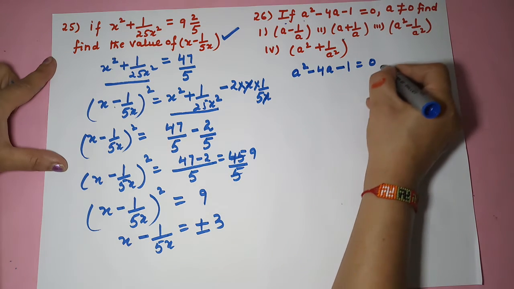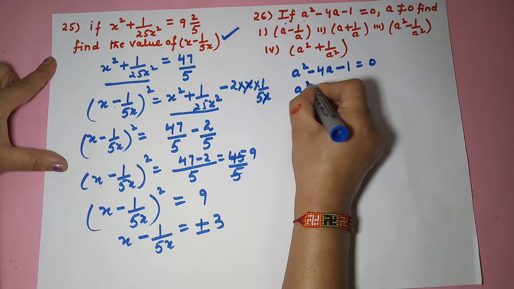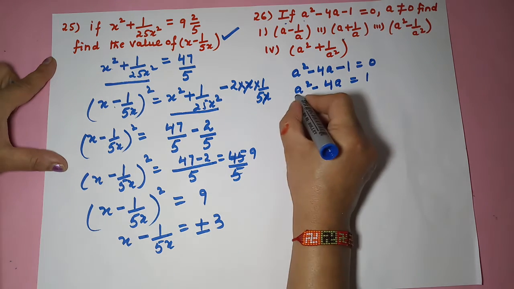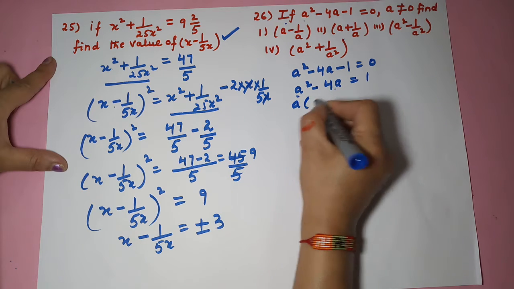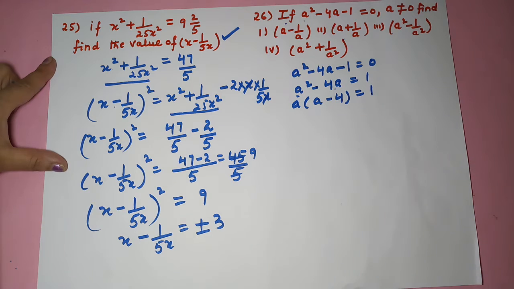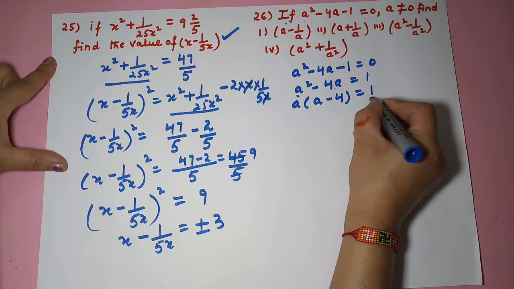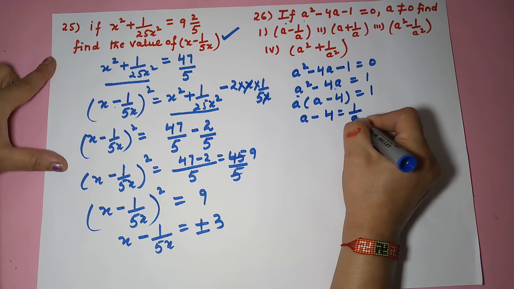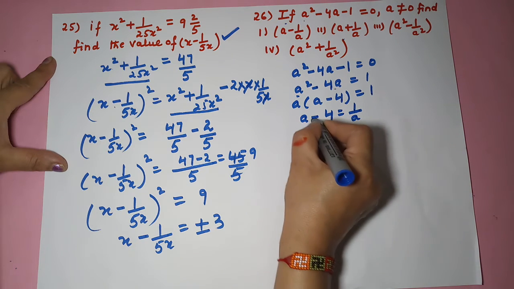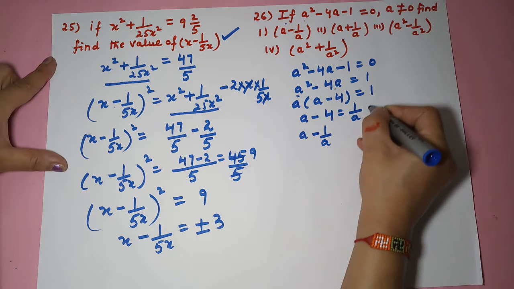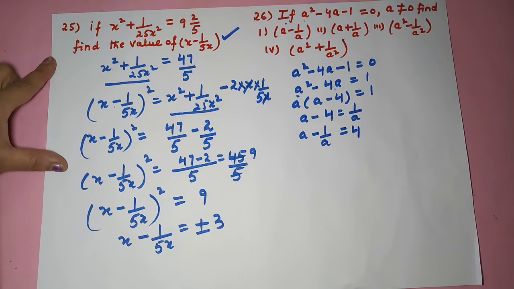So, we will shift this 1 to this side. We will get a square minus 4a equal to 1. Now, here if I take a common, I will get a into a minus 4 equal to 1. Now, if I shift this a here, I will get a minus 4 equal to 1 by a. Now, I will get it back here. So, I will get a minus 1 by a and shift this to this side, it will become 4.